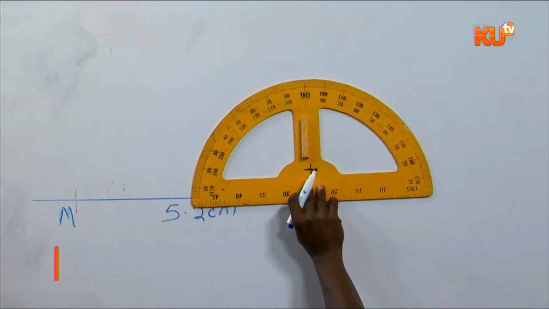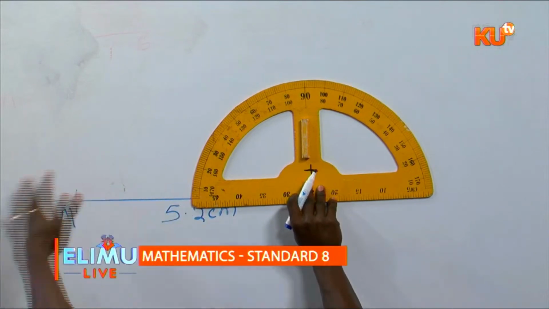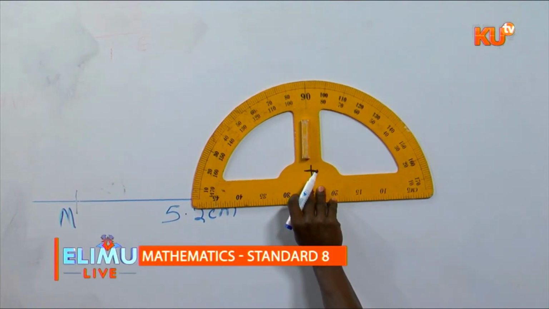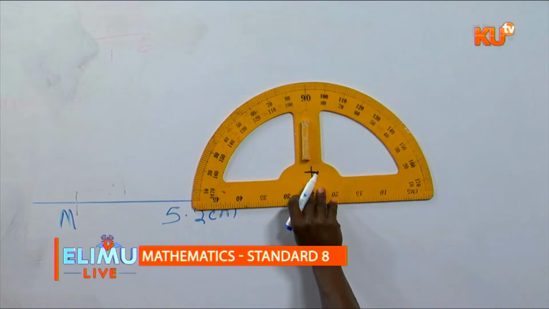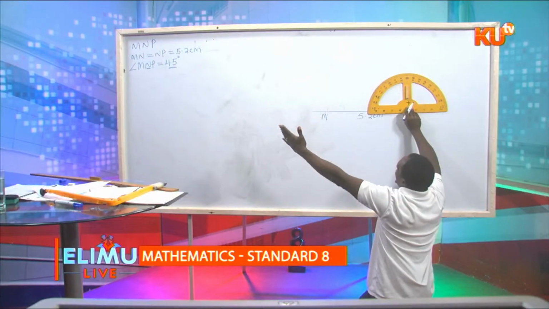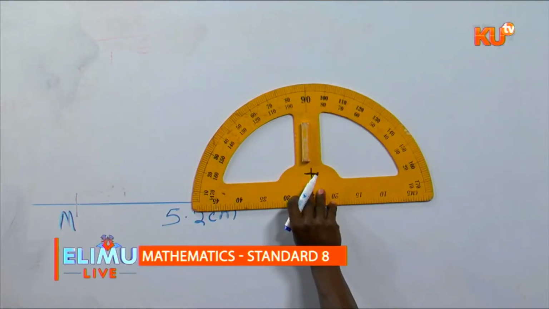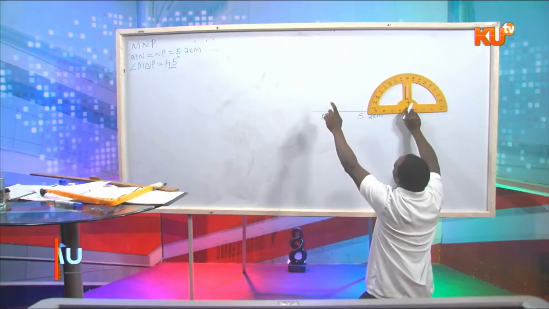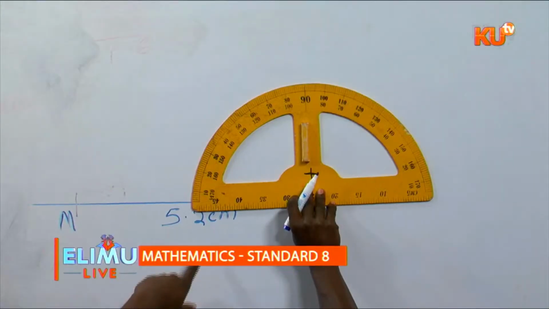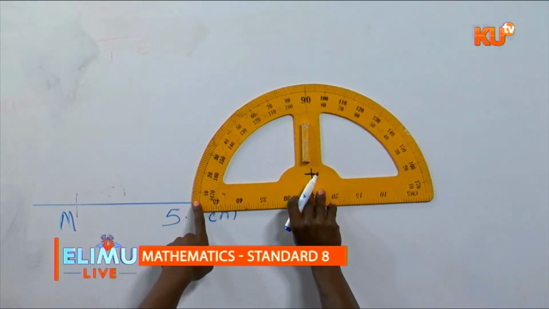If you look at our protractor, our left hand side is the one that has a space. So on this side is where we are going to use the scale that starts from 0. And the scale here is the outer scale.